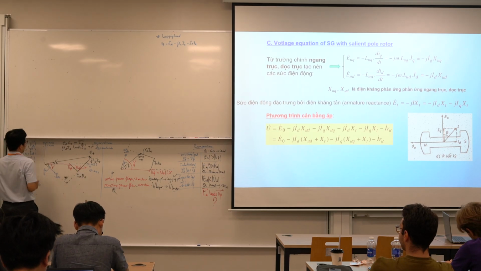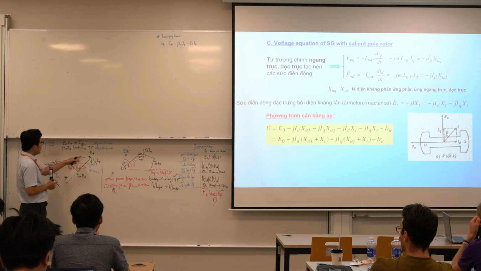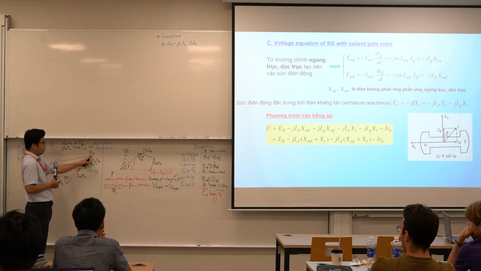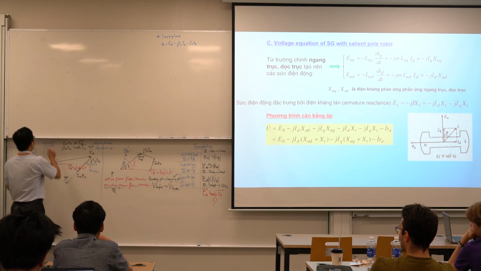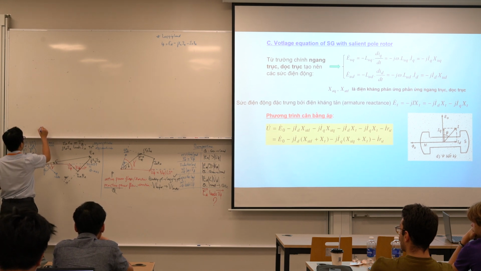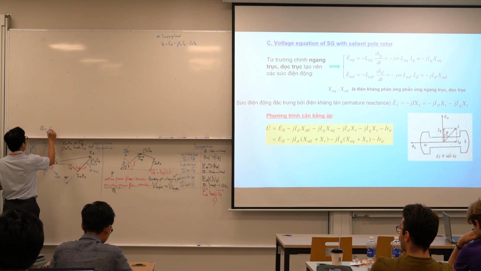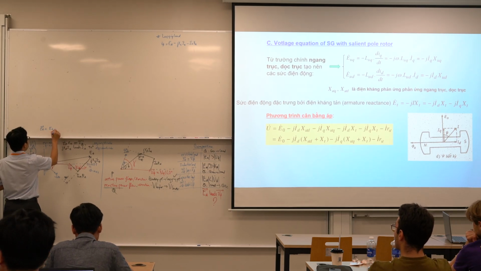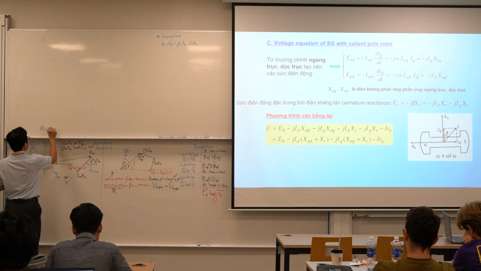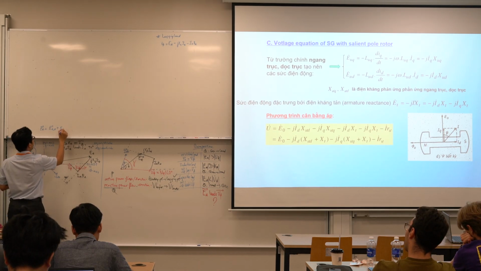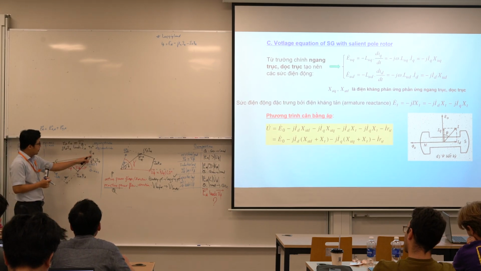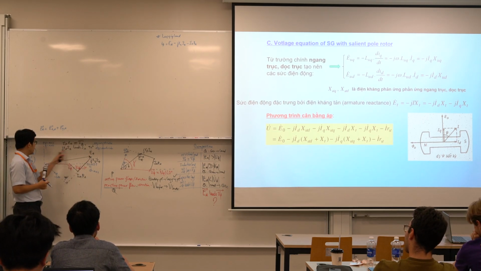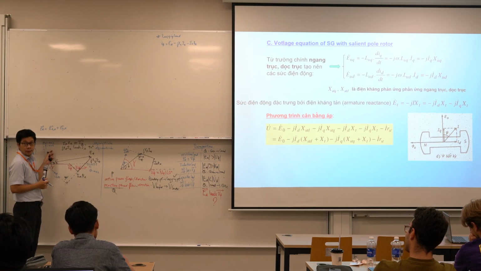Yeah. D and Q. So any vector here, we can analyze to become two components, right? For example, if we have EA, that means we have EDA plus EQA. Right? We find the projection of EA onto the D axis, we find the projection of EA onto the Q axis.